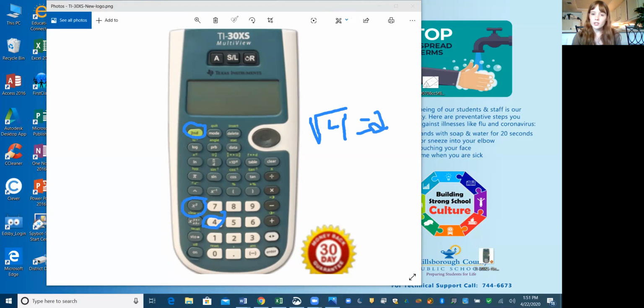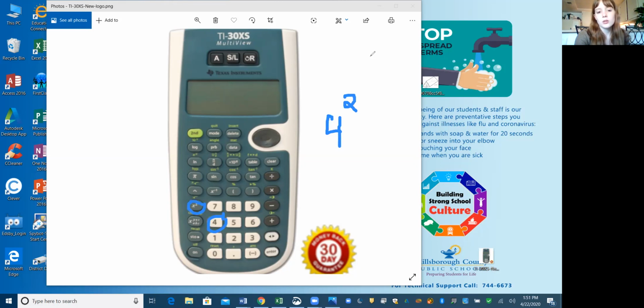To do squares, there's a couple things I want to go over just to make sure you get them right. If you have 4 squared, you would press 4 and then the squared button. If you had in parentheses negative 4 raised to the second power, then you're going to have to put those parentheses in your calculator.